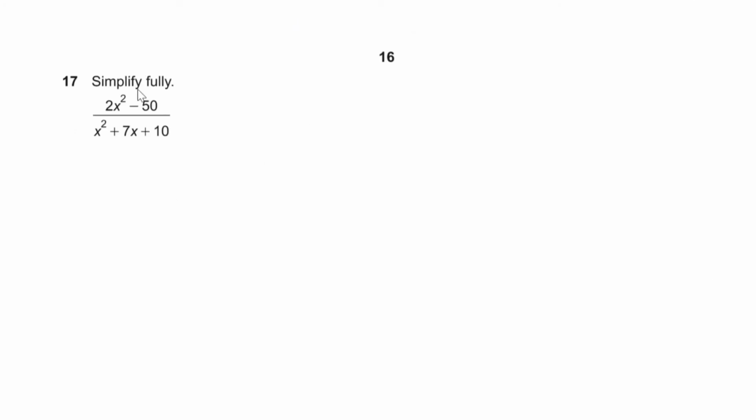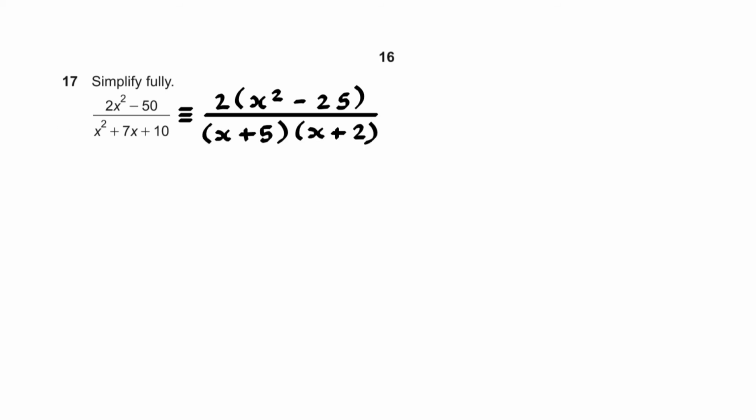Question number 17, we have to simplify fully 2x squared subtract 50 divided by x squared plus 7x plus 10. So this calculation is equivalent to 2 multiplied by x squared subtract 25, and on the denominator we can factorize the x squared plus 7x plus 10 as x plus 5 multiplied by x plus 2. Now if we take a look at the numerator, notice we've got a difference of 2 squares. x squared subtract 25 is a difference of 2 squares.